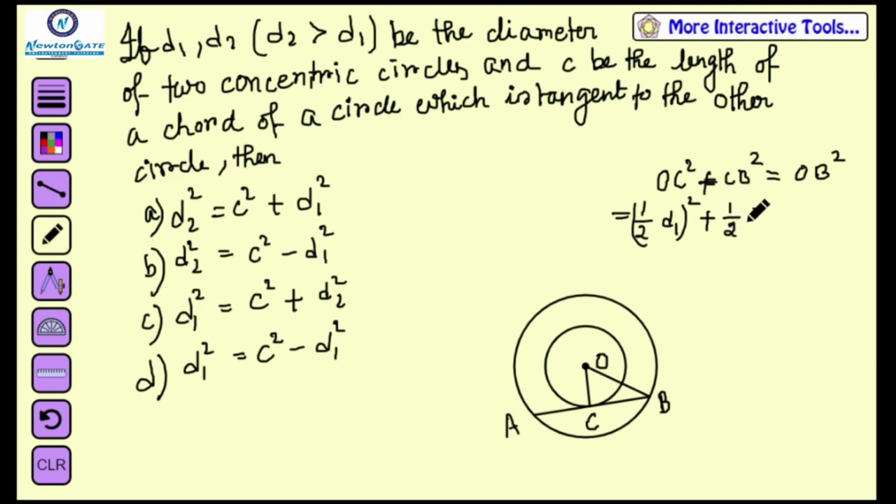So half of c square plus OC square equals OB square. OB is the radius of the bigger circle. So the diameter of the bigger circle is D2 and the radius of the bigger circle is half of D2, square. From here we see that D1 square plus c square equals D2 square. So option A is correct.